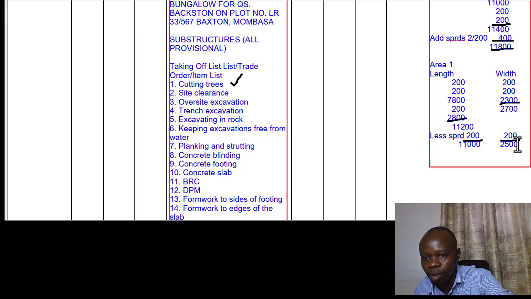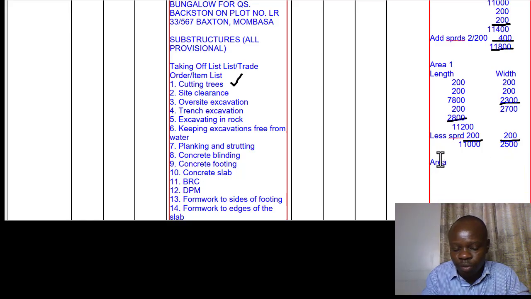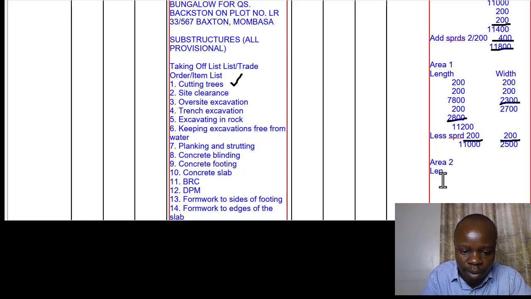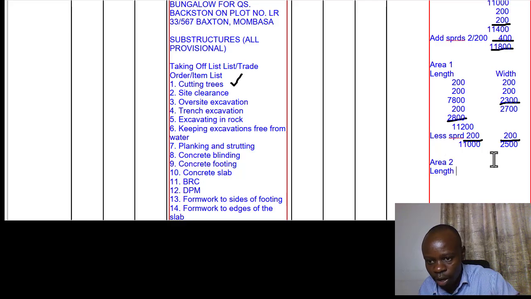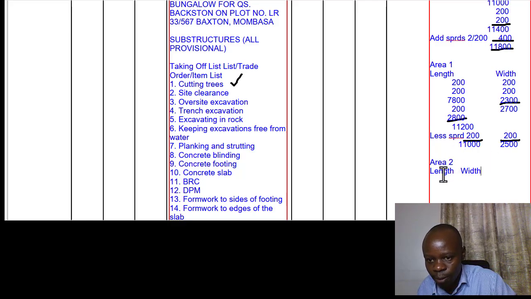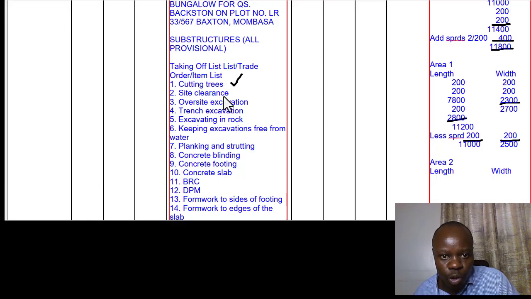So we calculate the dimensions for area 2. Of course, we do our length the way we've calculated for the other one, and then we also do our width properly the way we've done for the other bit. So our reference still remains to be the plan. You go to the plan and check what do you have for the particular length.